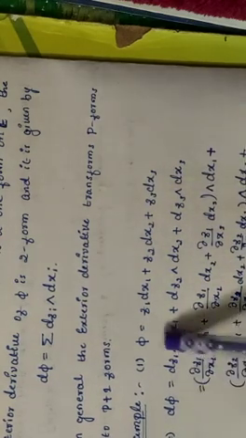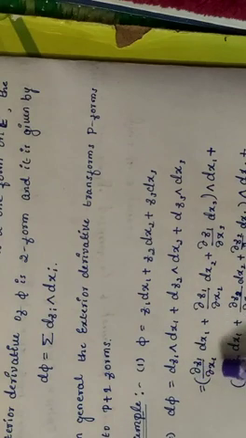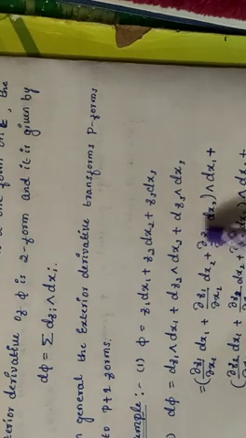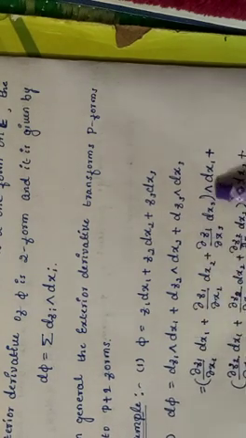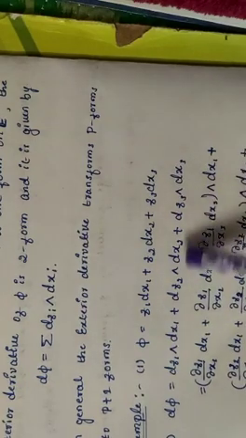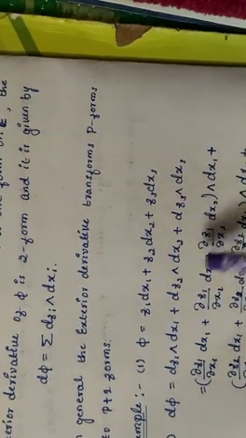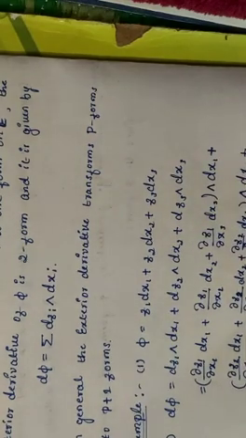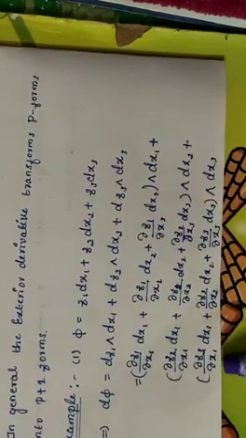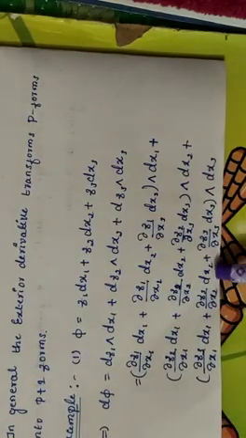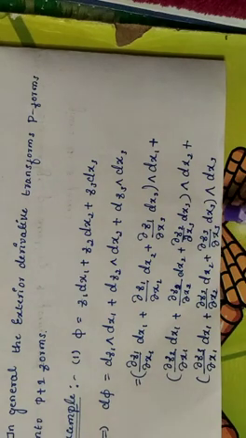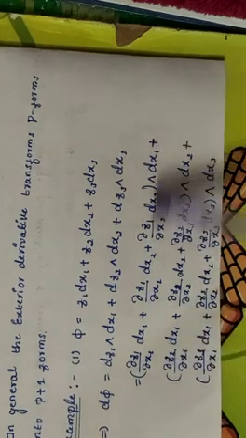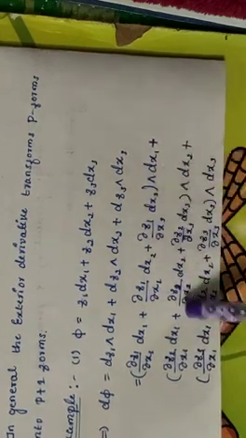You already well know about that. df1 can be represented as del f1 by del x1 into dx1 plus del f1 by del x2 into dx2 plus del f1 by del x3 into dx3, wedge dx1, plus similarly this can also be written like this, wedge dx2, plus df3 can be represented as del f3 by del x1 into dx1 plus del f3 by del x2 into dx2 plus del f3 by del x3 into dx3, wedge dx3. Okay, now we have to find the wedge product of these two.